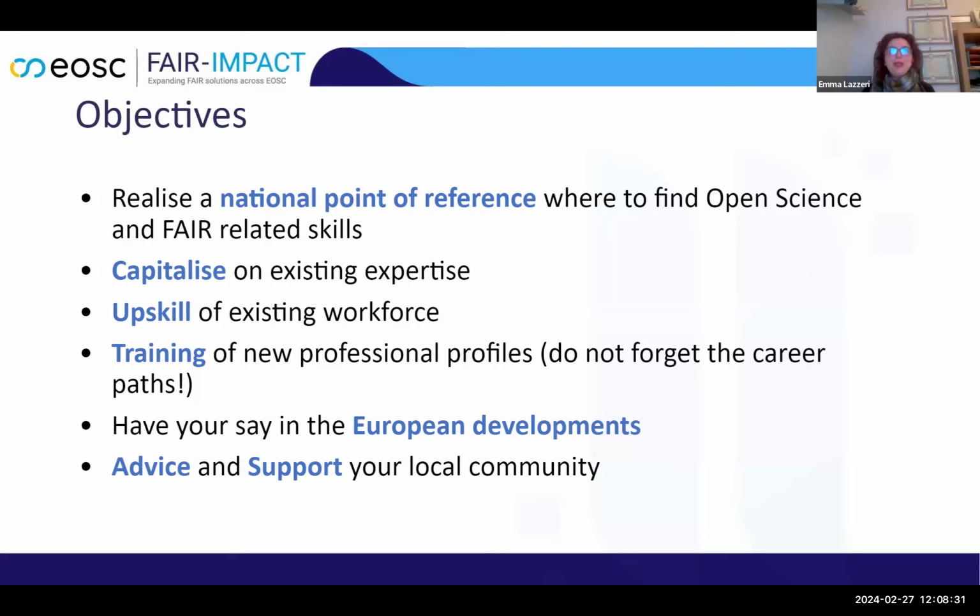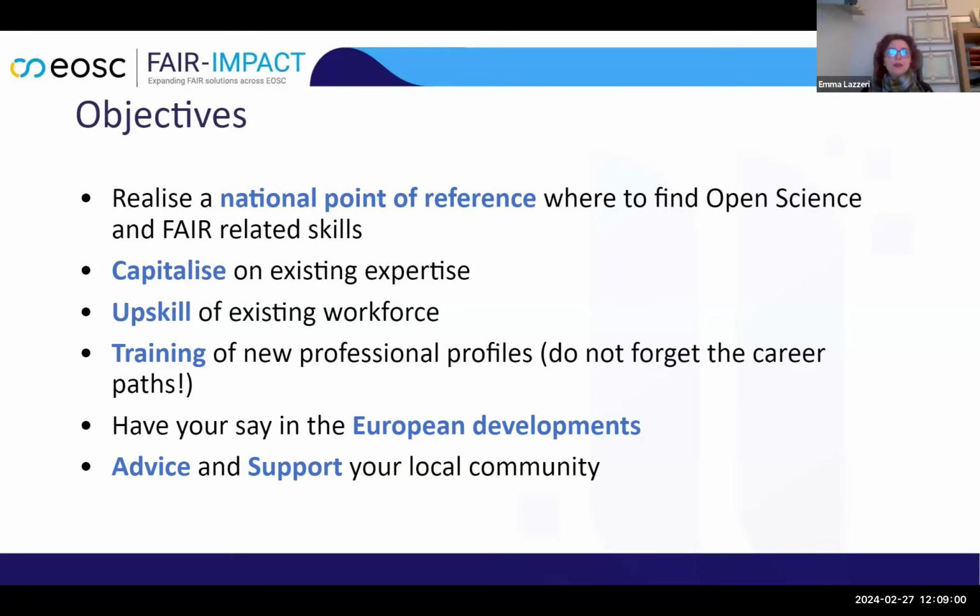So for me, the main objective should be to realize a national point of reference where to find open science and FAIR related skills. And for me, if you ask me, I would call it a competence center, also because these terms are really gaining more and more interest in the EOSC community.